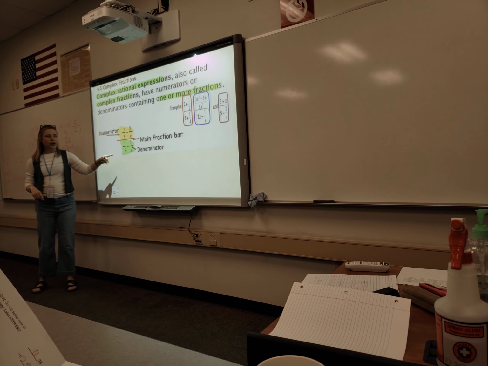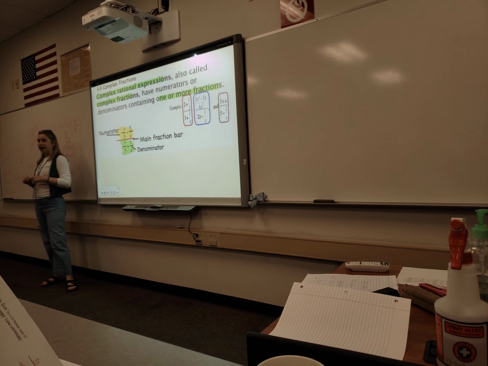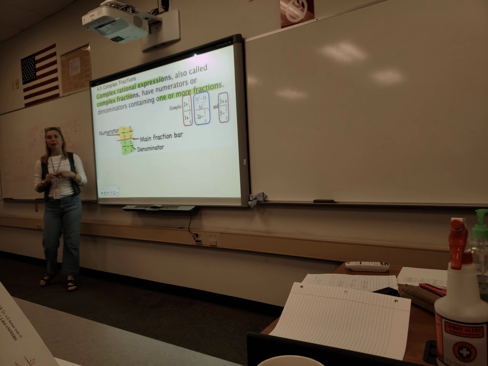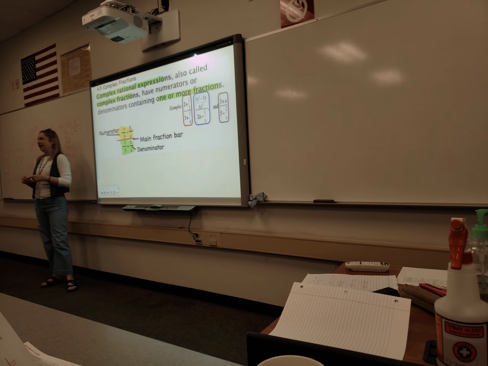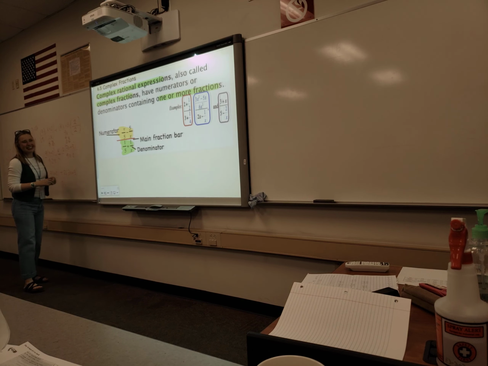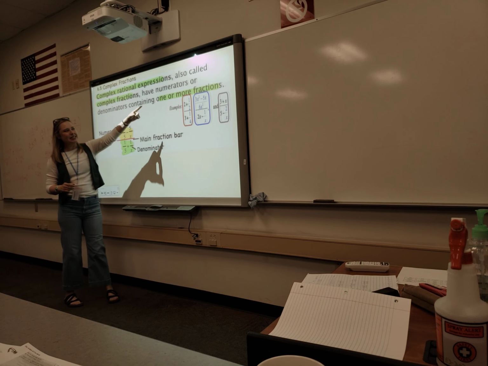But our numerator and our denominator are not just going to have plain simple polynomials anymore. We're going to take it up an extra dimension and put fractions in there as well. Yay. It's still a puzzle, it's still a journey, it's going to be fun. So here are some examples.